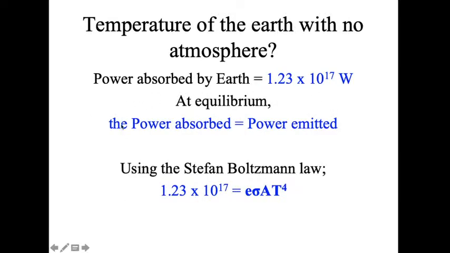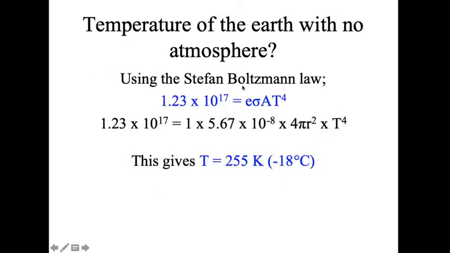So at equilibrium, Earth acts like a black body where our emissivity is 1. The power absorbed is the power emitted. So we'll use this: power is equal to emissivity, Stefan Boltzmann constant, area, temperature to the 4. We're solving for temperature. So using Stefan Boltzmann law, 1.23 times 10 to the 17 equals 1, our emissivity, right?